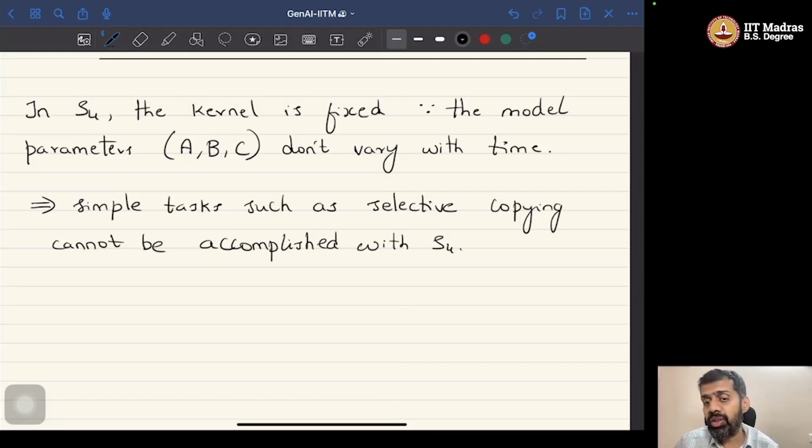This task is very difficult to accomplish with S4 because the model does not have any idea about the different positions of different occurrences of tokens in a sequence. This happens because all the parameters, these A, B, C, D parameters, are not a function of time. So to solve this problem, Mamba does the following.